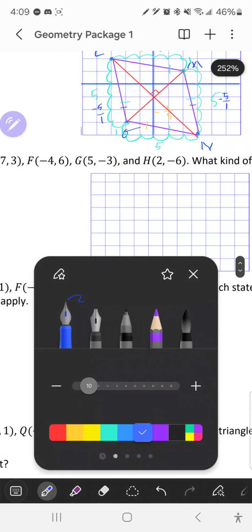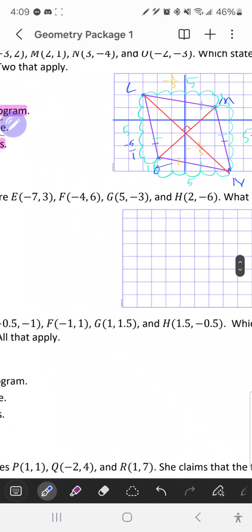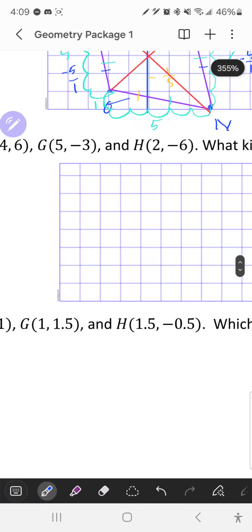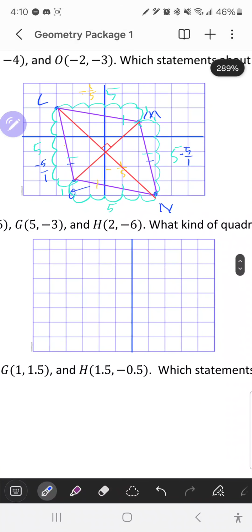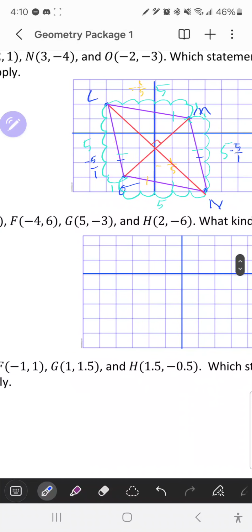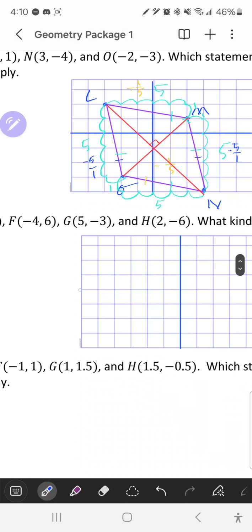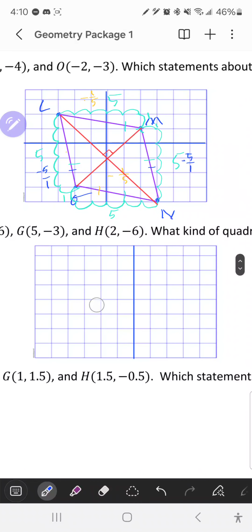Okay. For this case, I will need to make every square be 2, so I have the space to draw it. Alright, perfect.